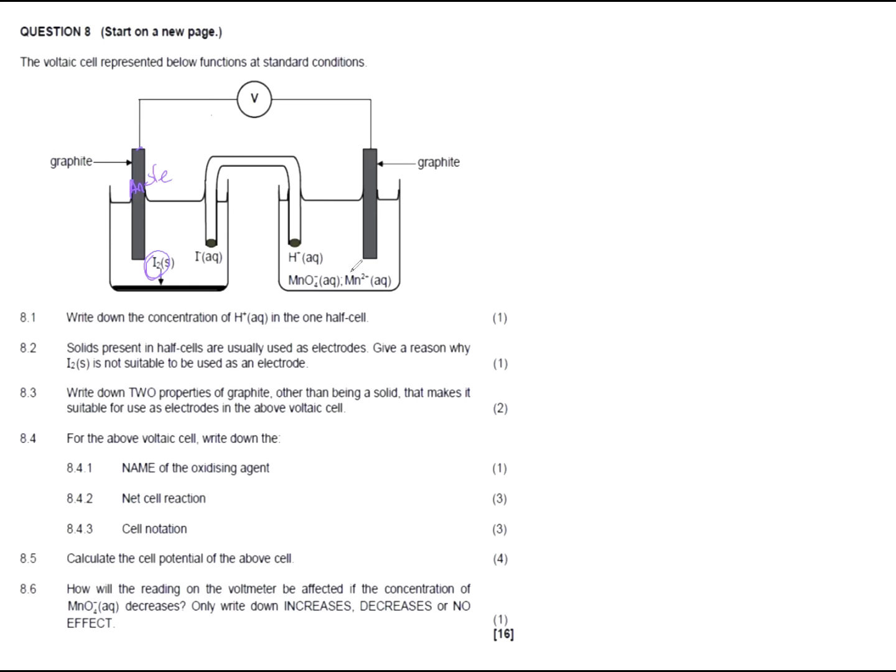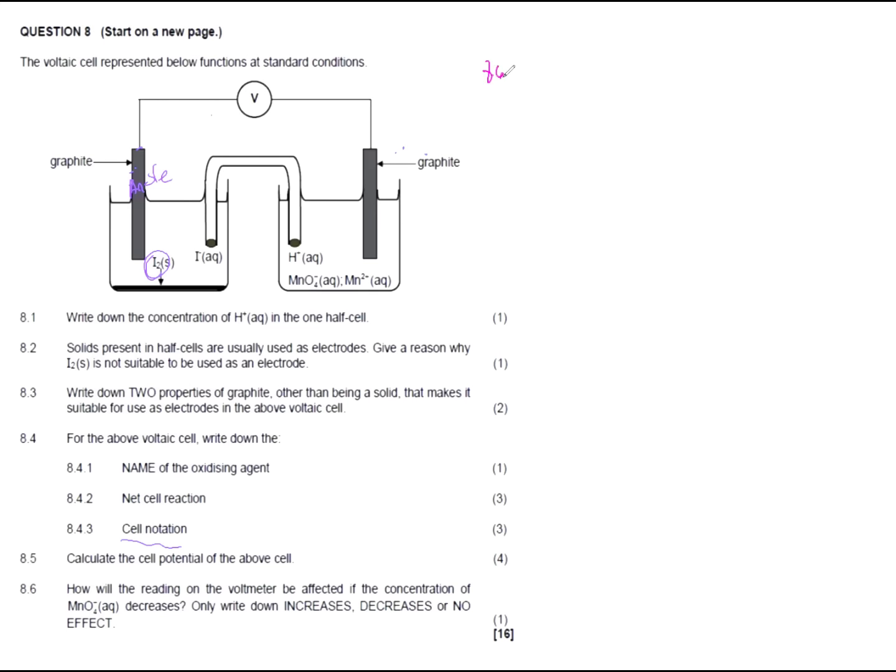Also, when we check here, there is nothing that was in solid form that would stand here as an electrode. Hence we had to employ the graphite in both the anode and the cathode electrode. So now when we write the cell notation, we are supposed to indicate that. Remember, the cell notation is not like the cell reaction. In the cell notation, we have to indicate our anode and our cathode.